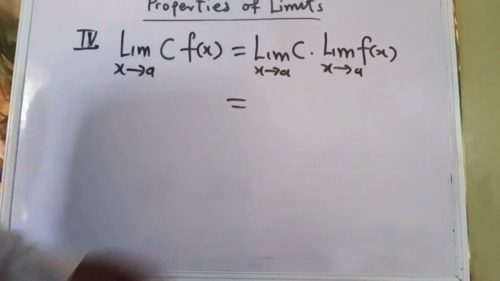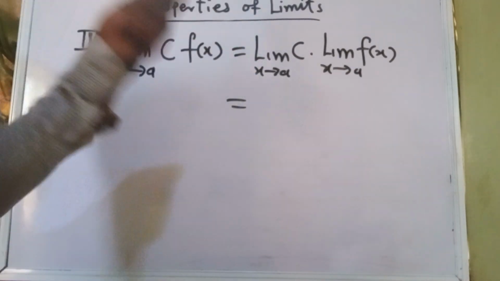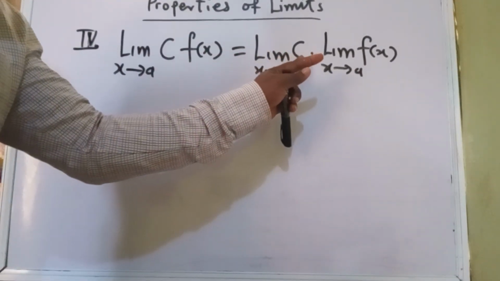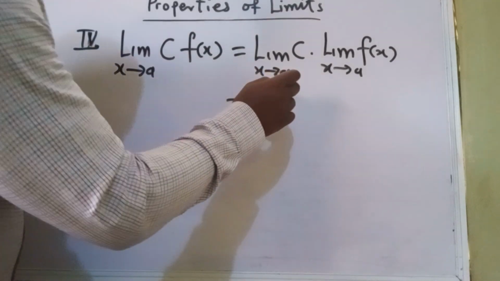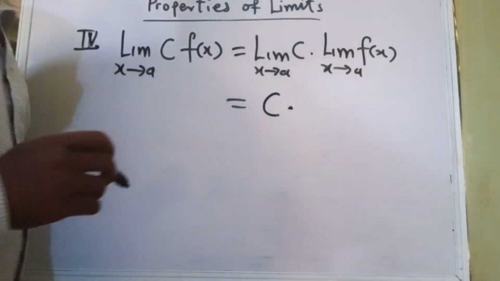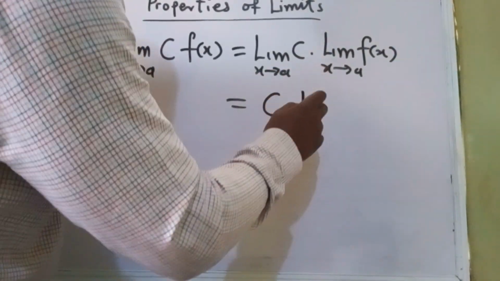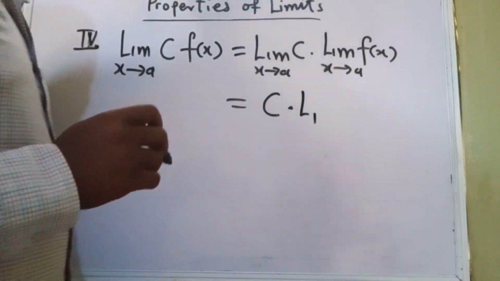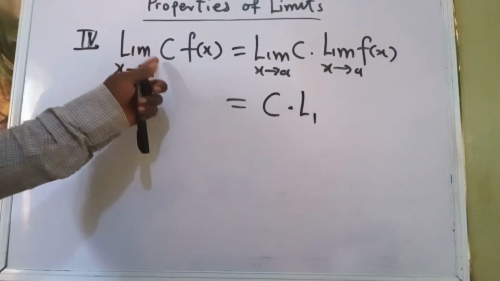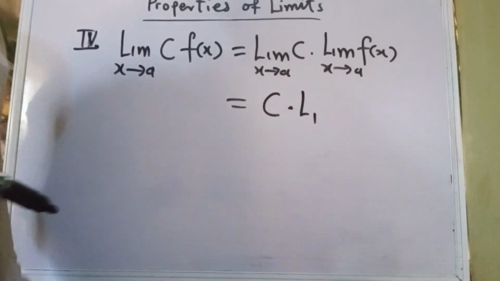By property 2, the limit of a constant is that constant, and the limit of f of x by our supposition is L1. So at the end, we have the scalar multiplying the limit of that function.